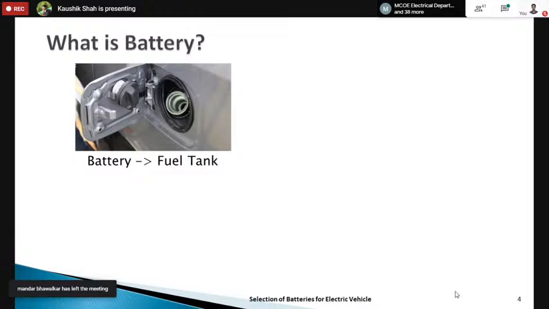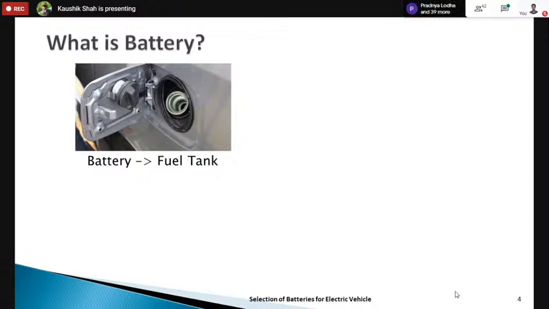This particular session is not about chemistry-related discussion. It is a more high-level view, where you would like to understand what the battery is in the conventional context. People are leaving their existing conventional vehicles and switching to electric vehicles. Why? In that context, this battery is a fuel tank.